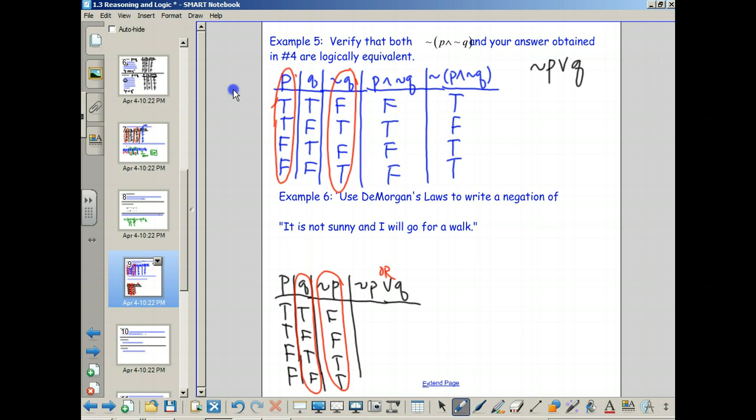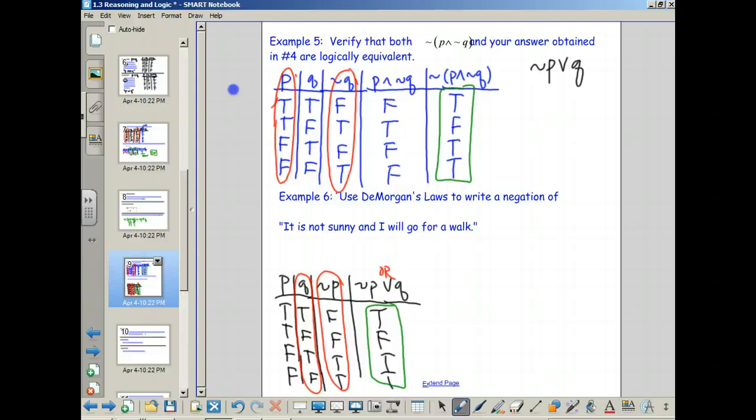T and F is true for an OR. How about F and F? That's false. How about TT? That's true. How about FT? That's true. And what you're wanting to do is compare this ordered list with this ordered list. If you did the negation correctly and made your truth tables correctly, those lists should be identical. And are they?